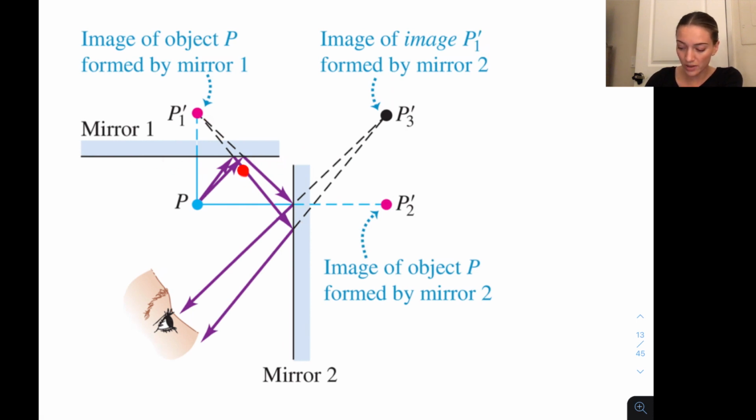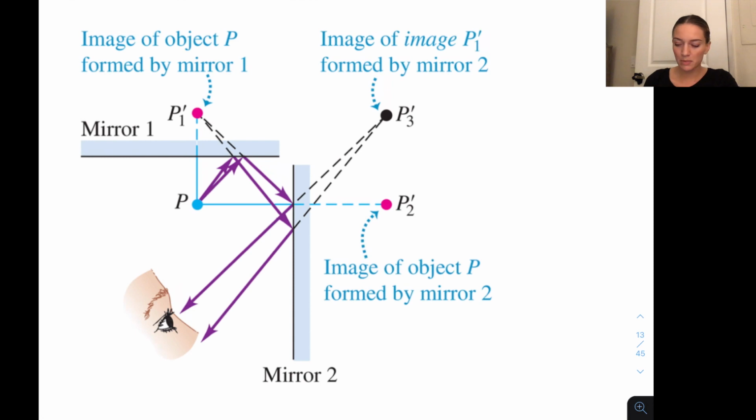Because if you trace these rays back, it looks like there's an object here at P prime, even though it's just an image. So then these rays go here, and then now these rays, when they're bounced off mirror 2, if you extend them back, it looks like there's another image here, P3, and that's the final one that you end up seeing when those light rays bounce off mirror 1 and then mirror 2.